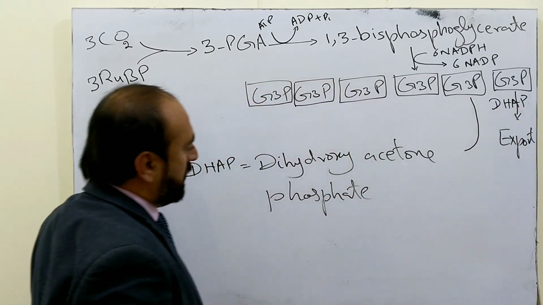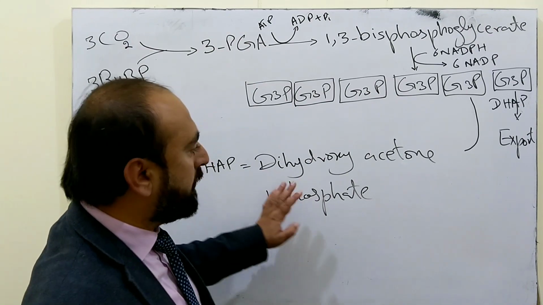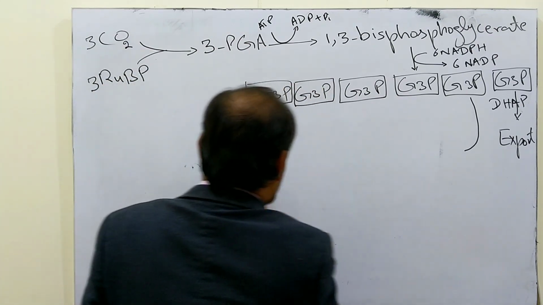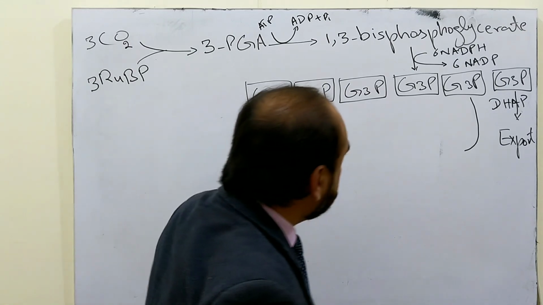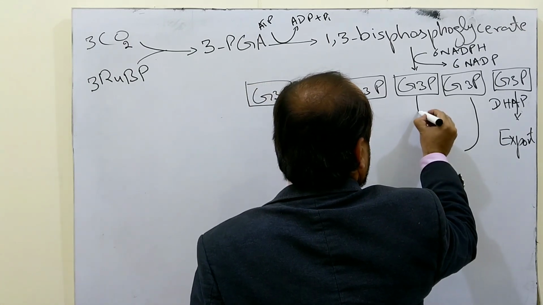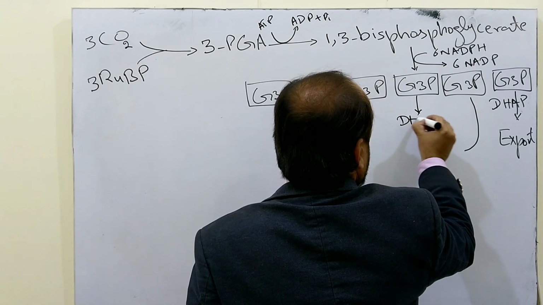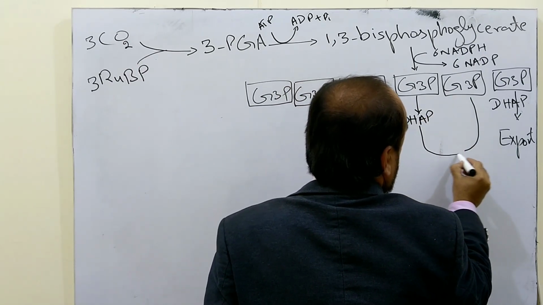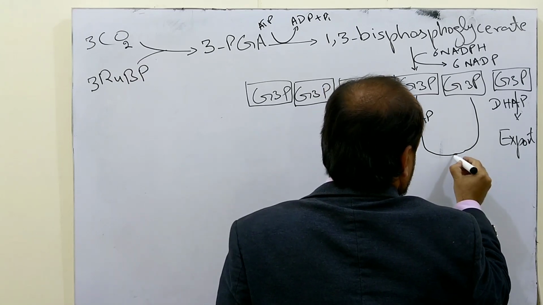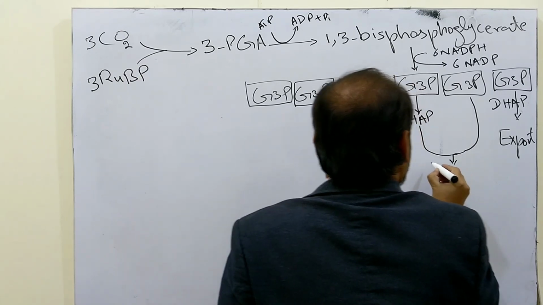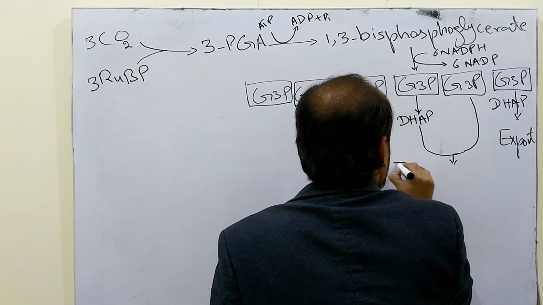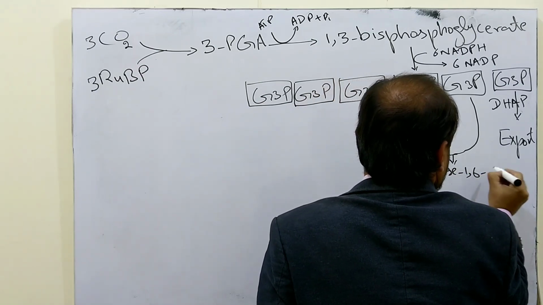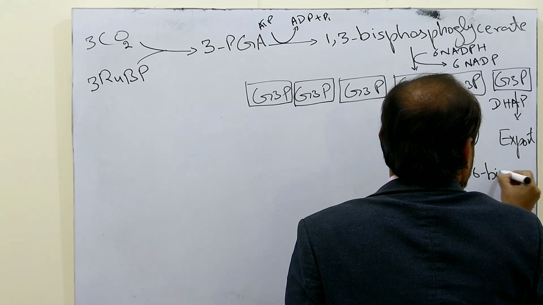This G3P is also converted to dihydroxyacetone phosphate, which combines with another G3P to form fructose 1,6-bisphosphate or diphosphate.